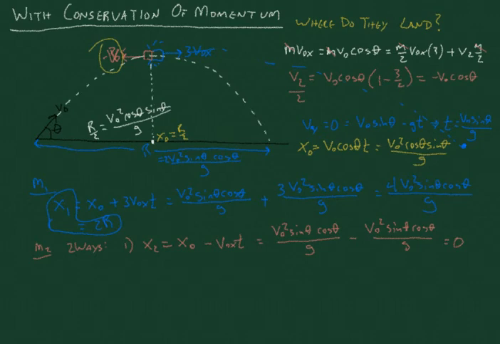So we see that the second one is just going to come back here, and it's going to land right where it started. Okay, so in other words, it's going to come back and hit us.